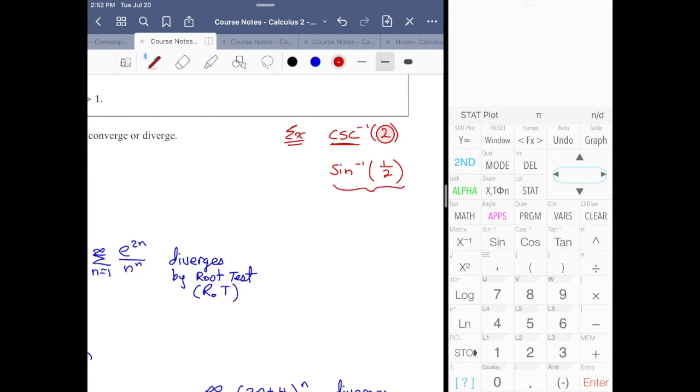From there we would say this is equal to, it could be pi over 6 or 5 pi over 6. That would depend on the domain for cosecant, a pathway to come up with the correct answer. The domain for sine goes from negative pi over 2 to pi over 2, so we would toss this one and only go with pi over 6. So this one would be pi over 6.